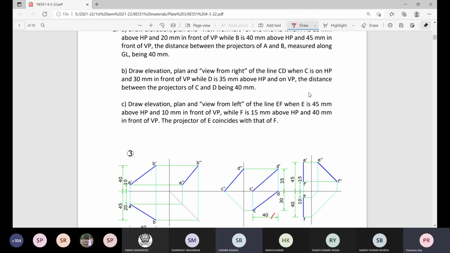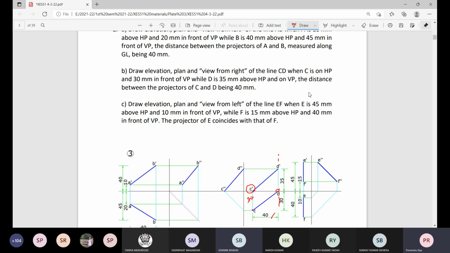Point C on HP means elevation on ground line. Point C 30 millimeter in front of VP. So this is 30 millimeter. This is plan C. At 40 millimeter distance, draw this vertical projector. D will be here as it is on the HP. It is on VP.